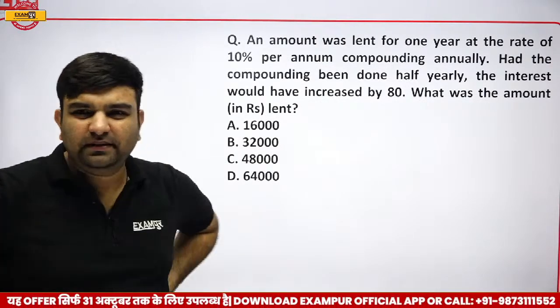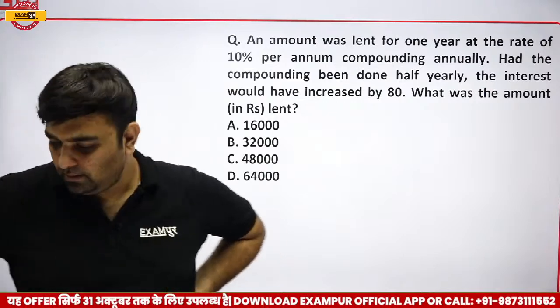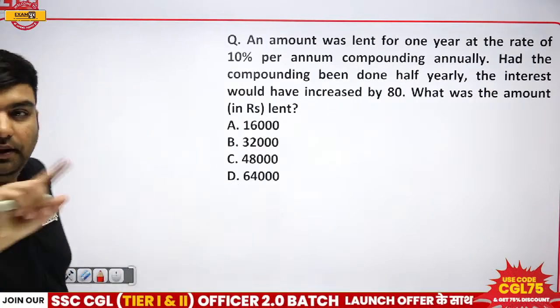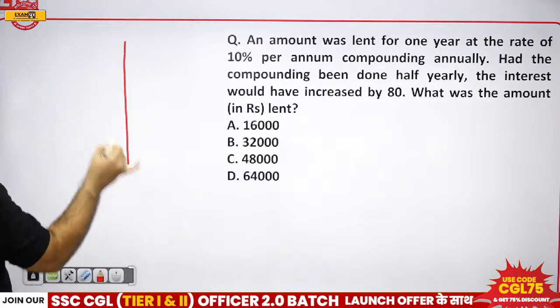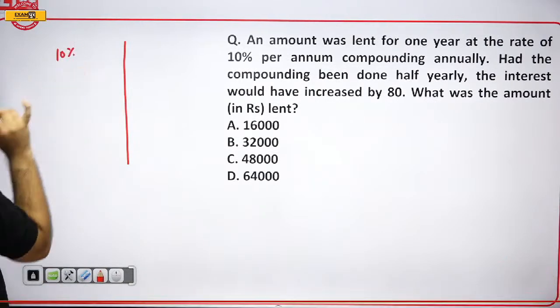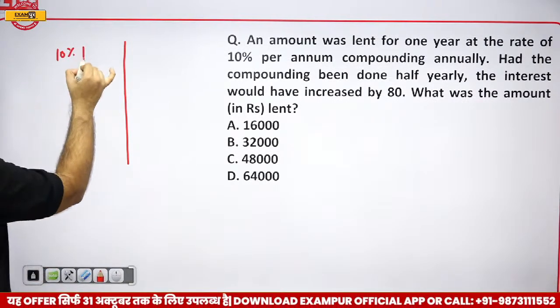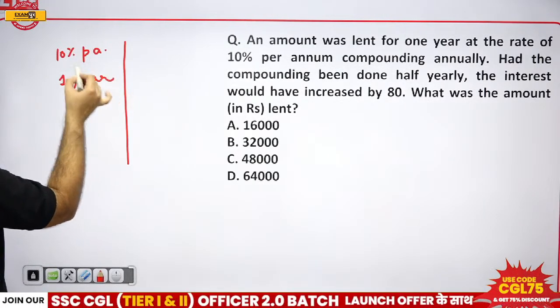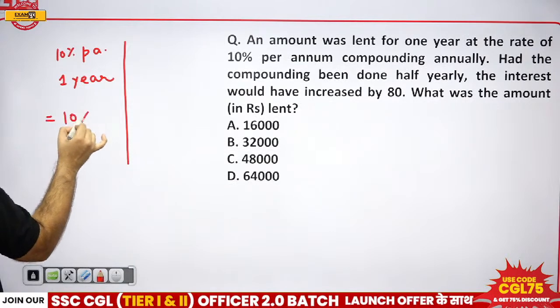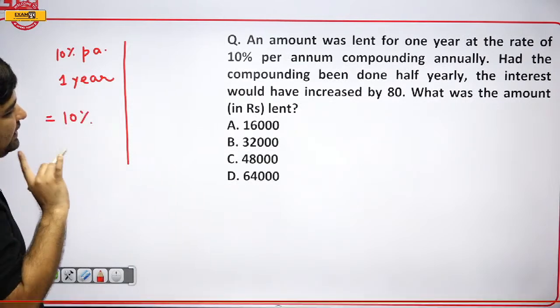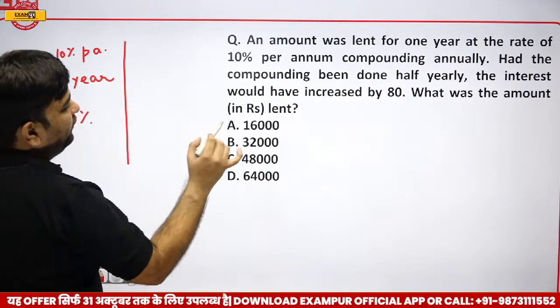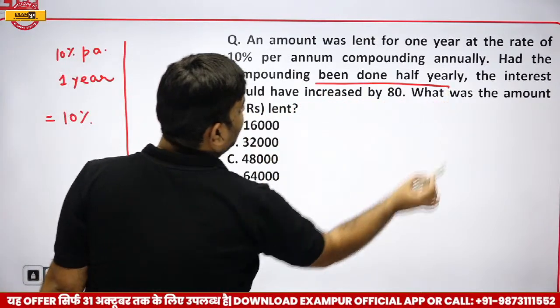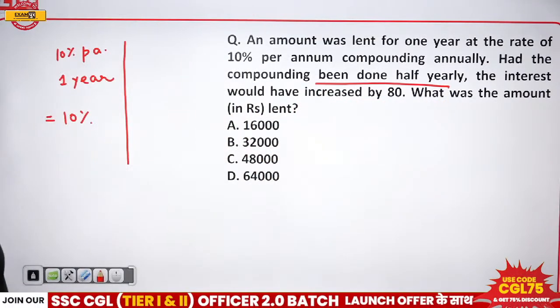Easy. In one case, you are lending for 10% per annum for 1 year. Effectively the rate is 10% only. In the second case, you are lending with compounding half yearly.